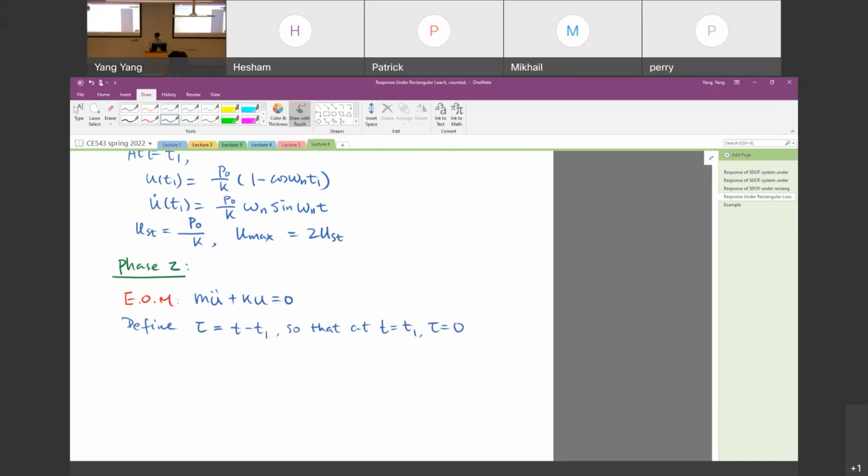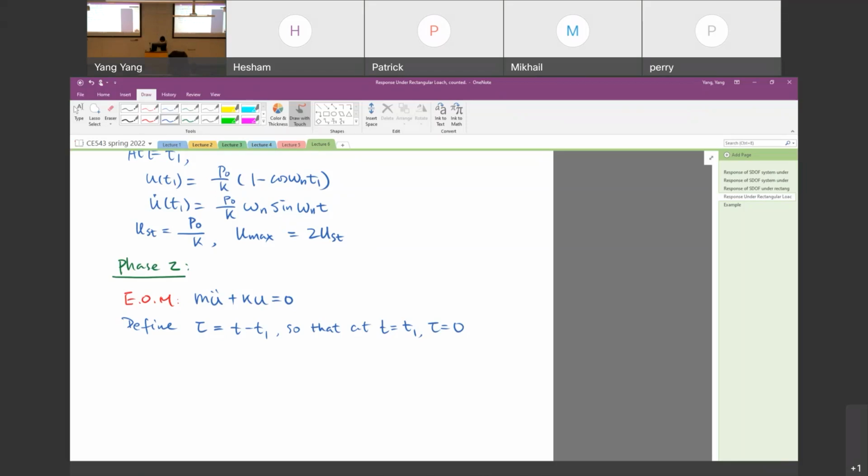So for phase 2, it's a free vibration. The initial condition is when t equals T1, but here we want to introduce another time, tau, counted starting from T1.